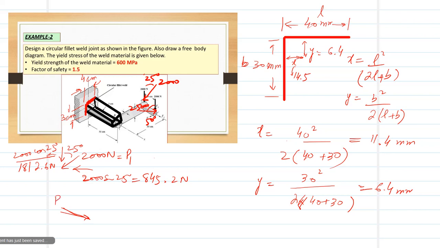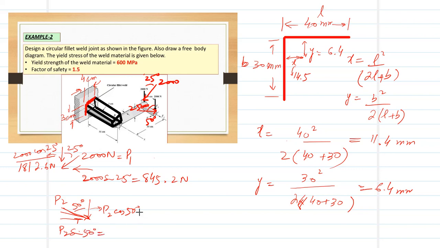Similarly, in case of P2, we have this load. It has the angle from vertical, that is 50 degrees. So this component is the cos component, P2 cos 50 degrees, and this component is the sine component, P2 sine 50 degrees.